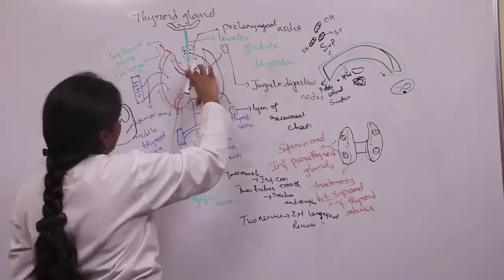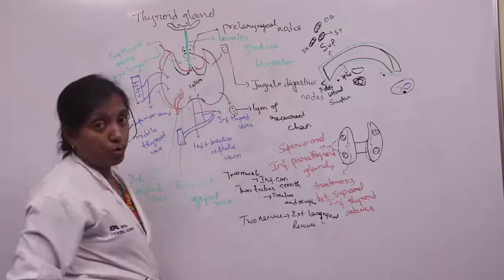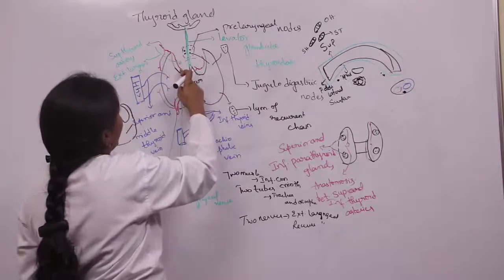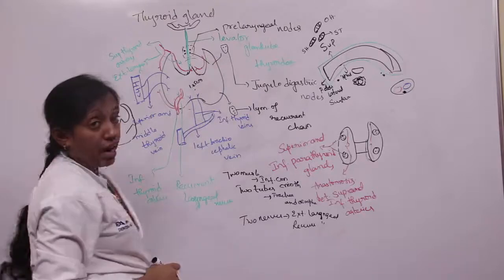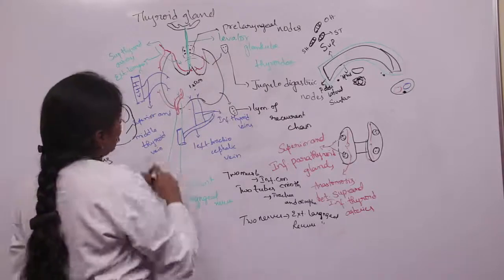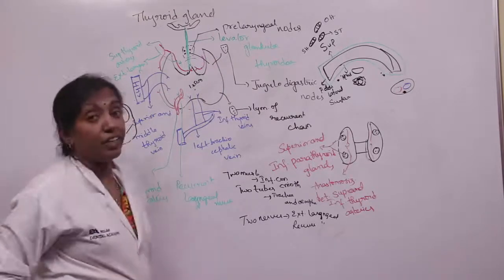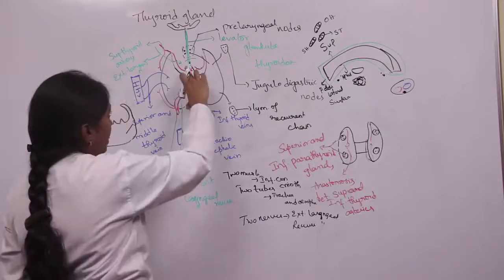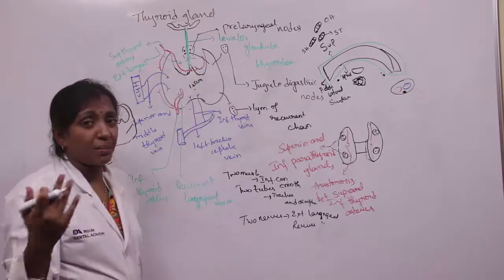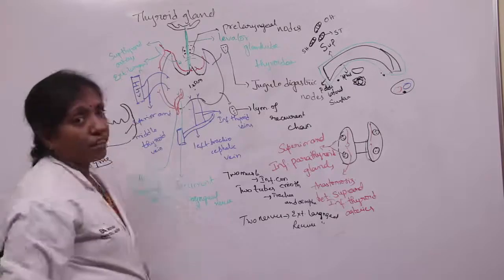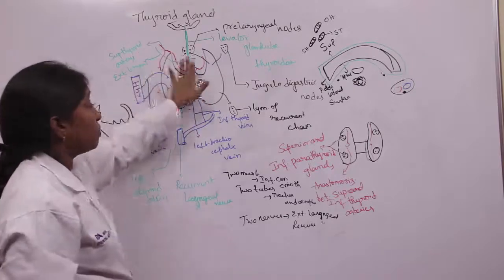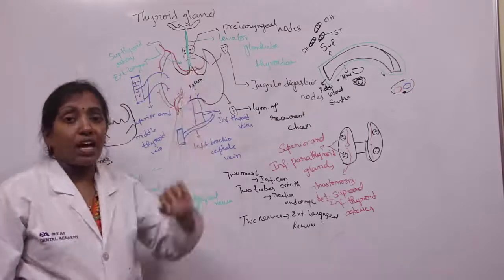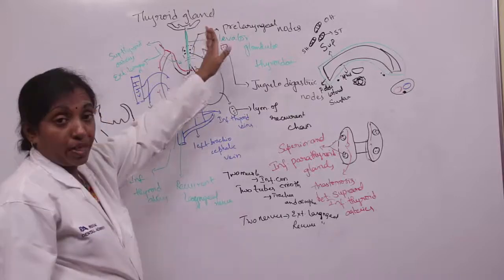The isthmus has two borders, upper border and lower border. Along the upper border, we can see the anastomosis of the superior thyroid artery, and along the lower border we can see the inferior thyroid veins. So that's about the relations of the isthmus. Coming to the blood supply, the branch from the superior thyroid artery along the upper border of the isthmus anastomoses with the corresponding branch from the other side.